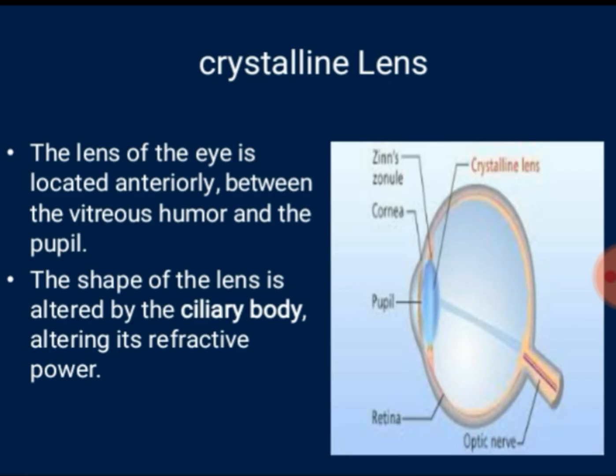Now, the crystalline lens. The lens of the eye is located between the vitreous humor and the pupil. The nourishment provided to the crystalline lens is through the aqueous humor. The shape of the lens is controlled by the ciliary body. It also changes its refractive power by changing its shape.